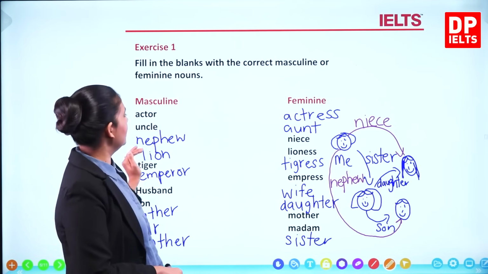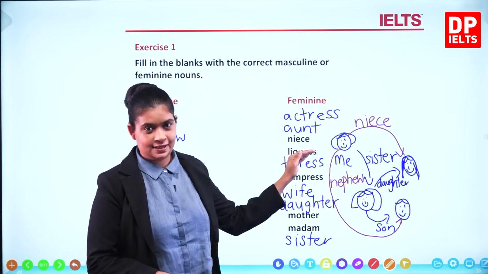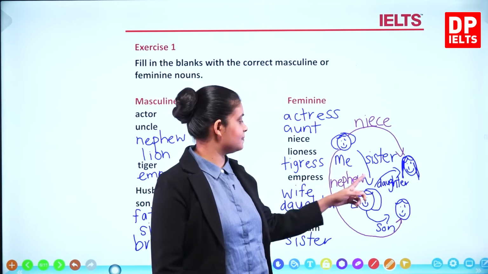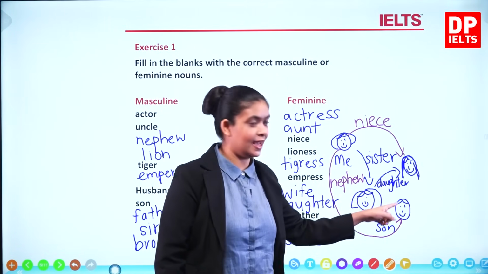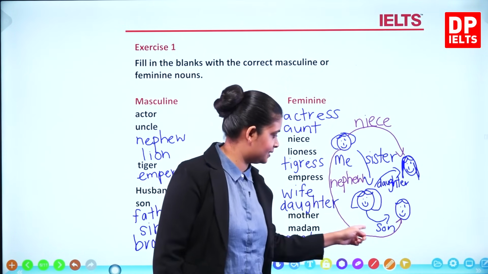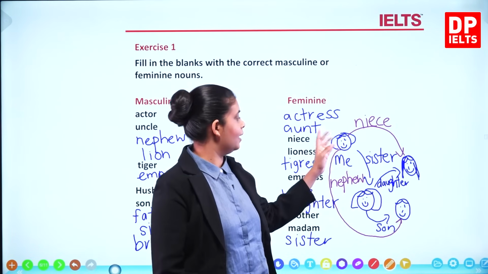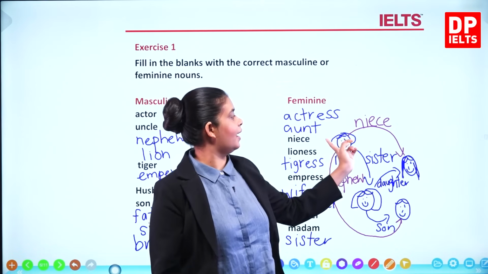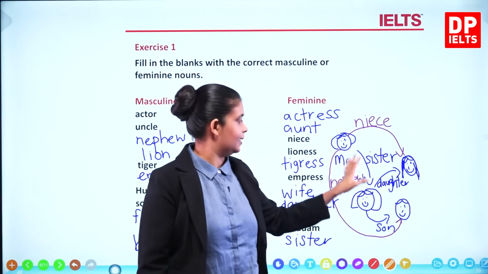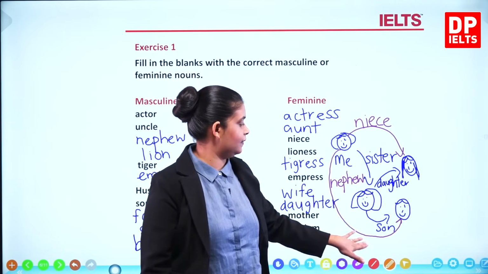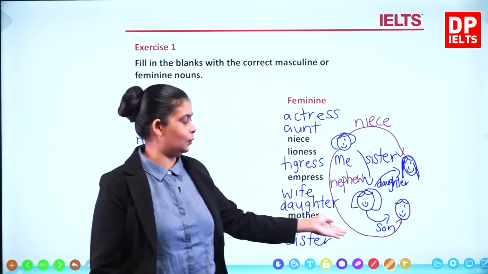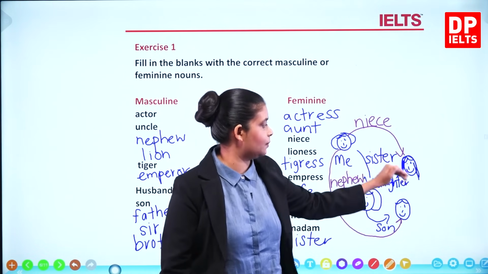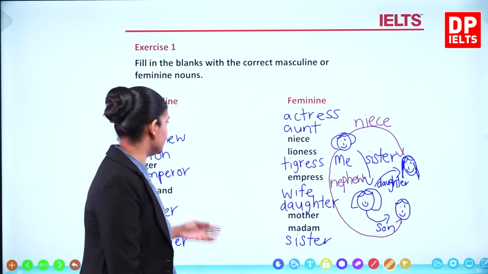Right? Nephew, niece. So as I told you, this is myself. This is my sister. If she has a son, that is my nephew. Right? If she has a daughter, then I have a niece. මම ඉන්නවා අක්කා ඉන්නවා අක්කට පුතෙක් ඉන්නවා නම් මට ඒ පුතා nephew සම්බන්ධතාවය අක්කට දුවෙක් ඉන්නවා නම් ඒ සම්බන්ධතාවය niece. Right?